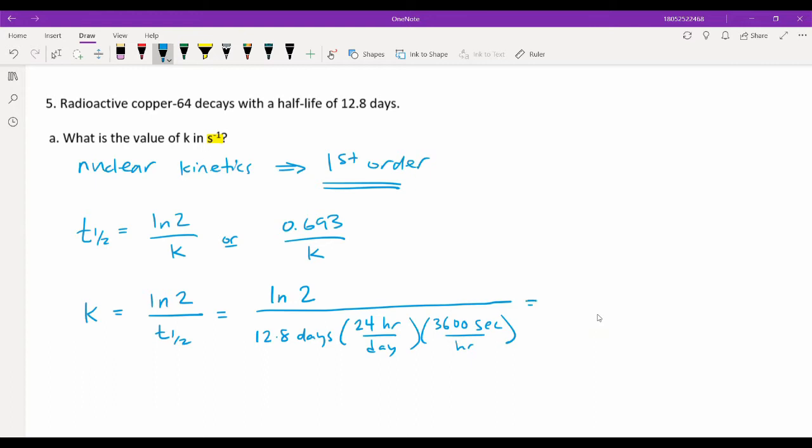And that gives ln of 2 over basically 1.11 times 10 to the 6th seconds. So our k is about 6.24 times 10 to the -7 seconds to the -1.